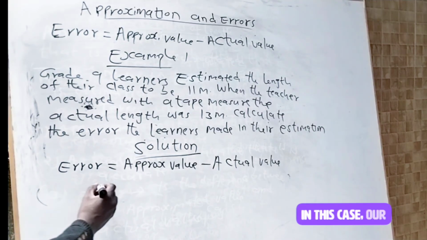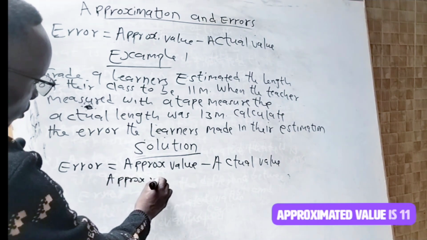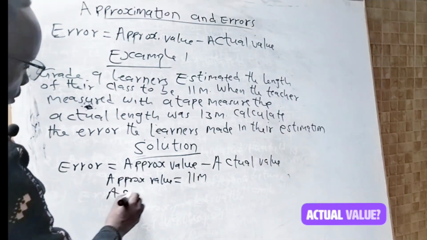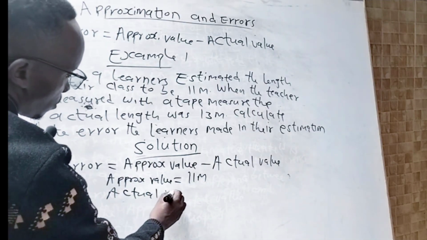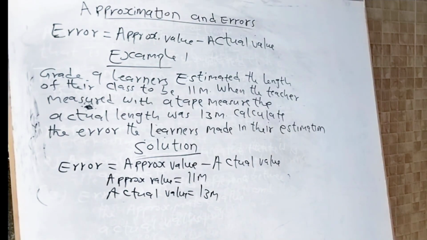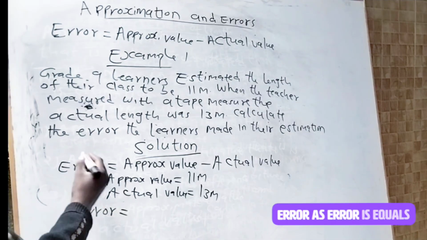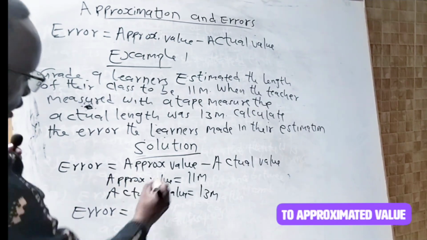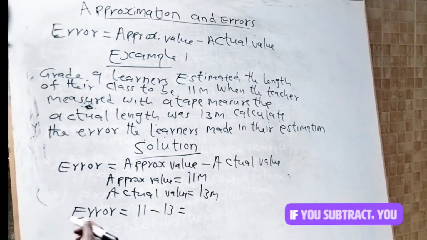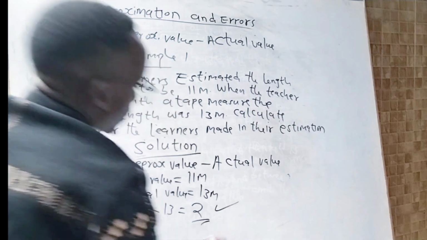In this case, our approximated value is 11 meters. But what about the actual value? 13 meters. So we can find the error as: error is equal to approximated value, which is 11, minus actual value, which is 13. If you subtract, you will find the error as negative 2. That is the error.